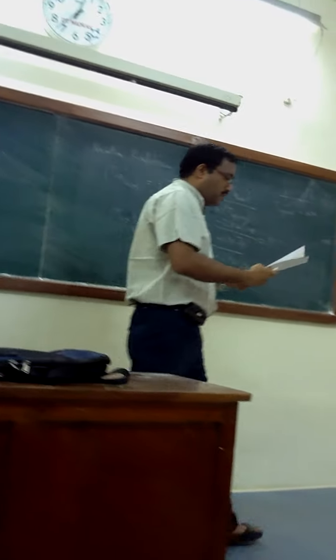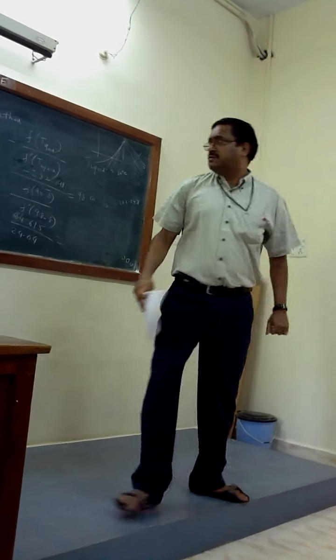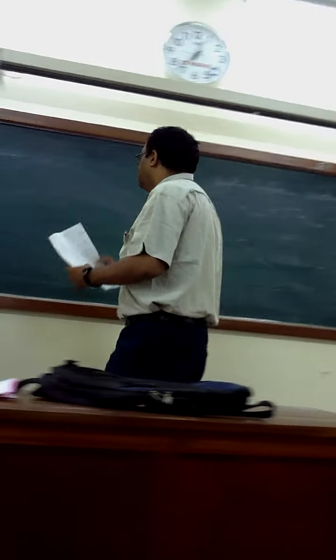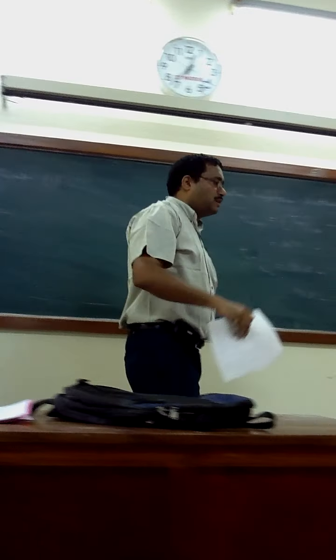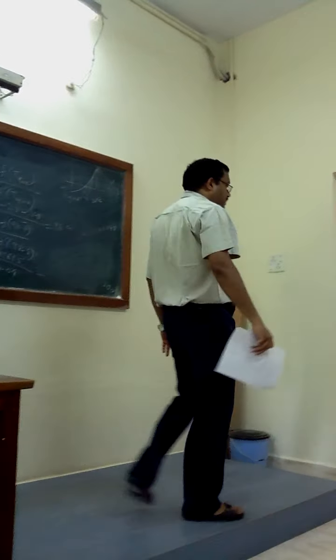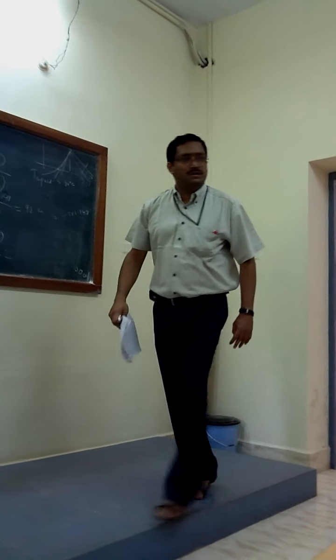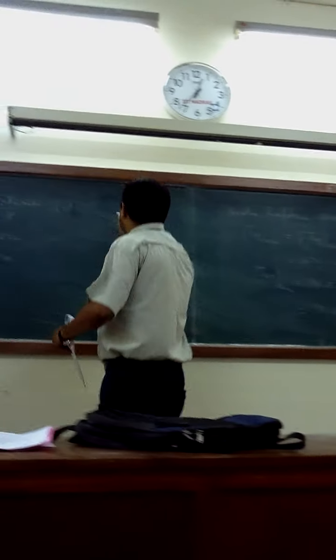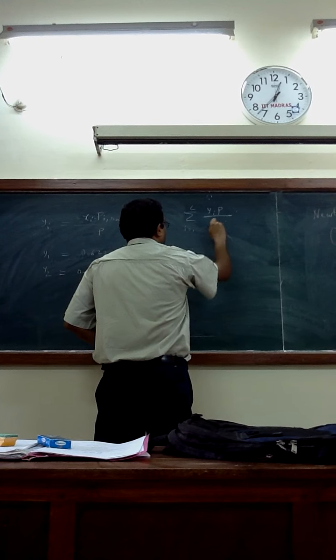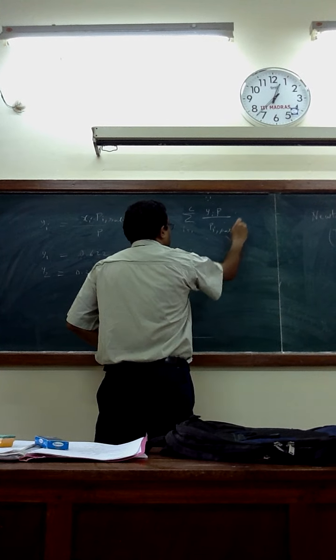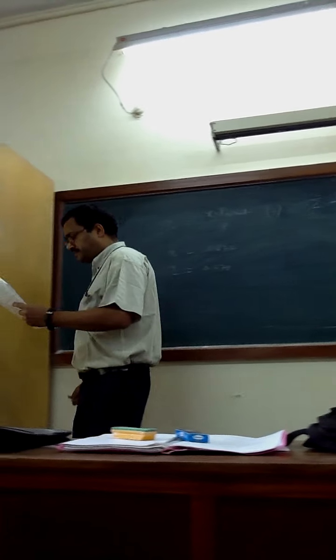Next problem, second part: dew point calculation. What's the equation for dew point? The dew point equation is summation xi equals 1. That means summation from i equals 1 to c of yiP by pi sat equals 1.